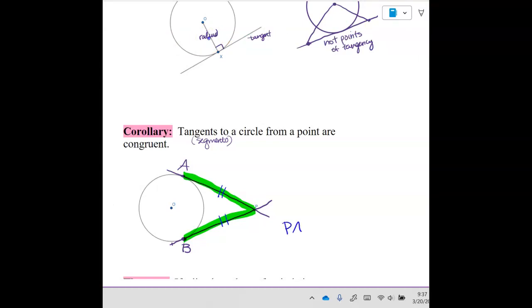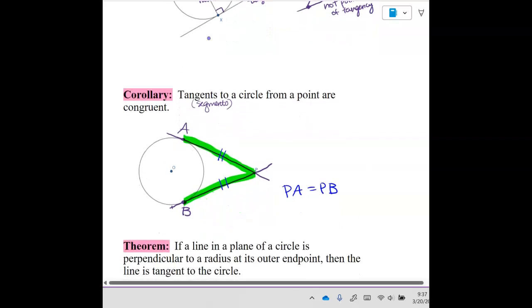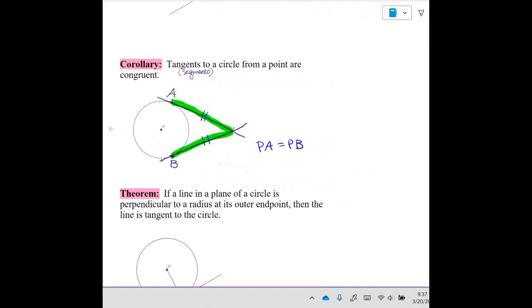So we know that PA is going to equal PB by this corollary here. So tangents to a circle from a point that's outside the circle are going to be congruent.